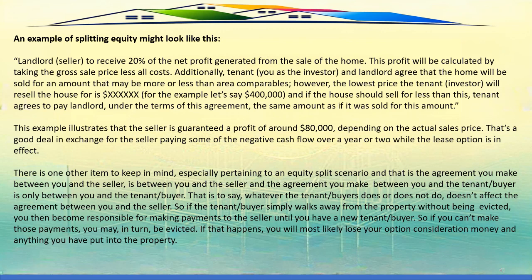However, the lowest price the tenant, investor, will resell the house for is $XXX, for the example let's say $400,000, and if the house should sell for less than this, tenant agrees to pay landlord, under the terms of this agreement, the same amount as if it was sold for this amount. This example illustrates that the seller is guaranteed a profit of around $80,000, depending on the actual sales price. That's a good deal in exchange for the seller paying some of the negative cash flow over a year or two while the lease option is in effect.